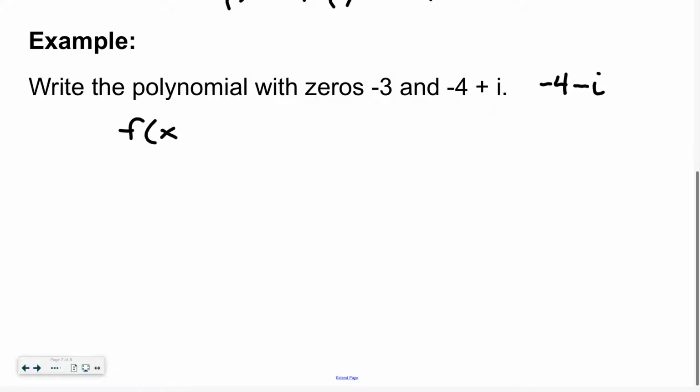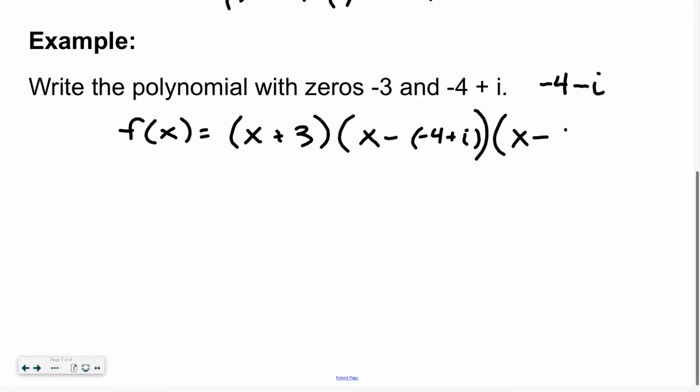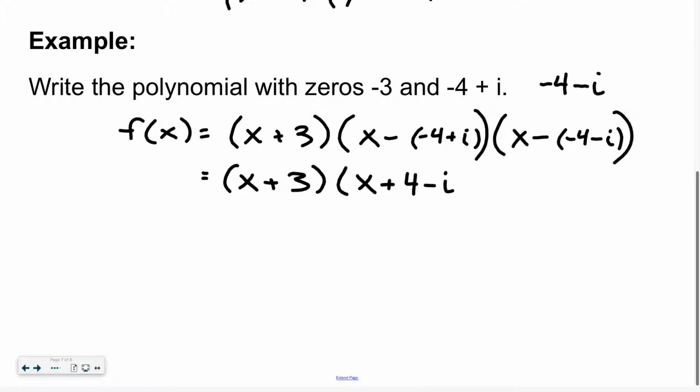So that's f of x equals x plus 3, x minus negative 4 plus i, and x minus negative 4 minus i. Distribute that negative. That's x plus 4 minus i and x plus 4 plus i.